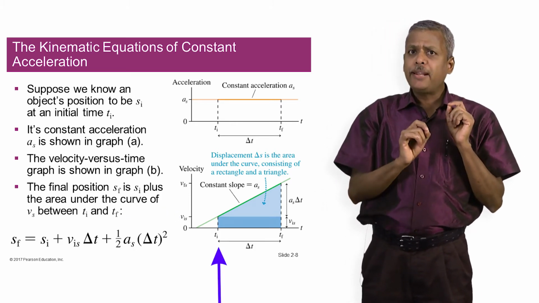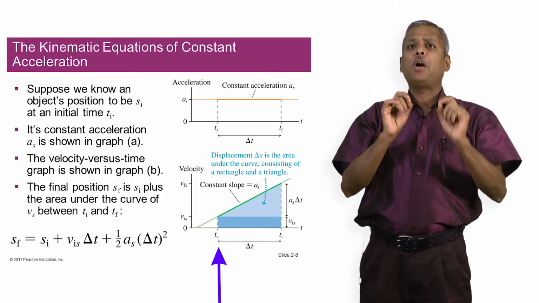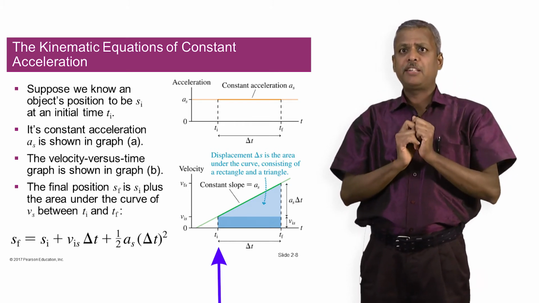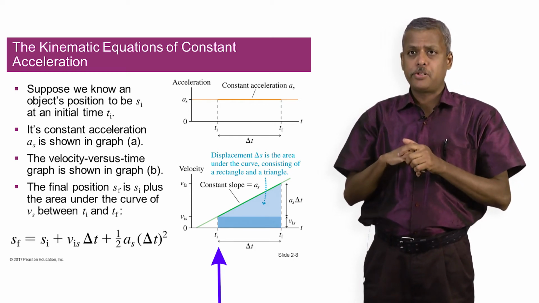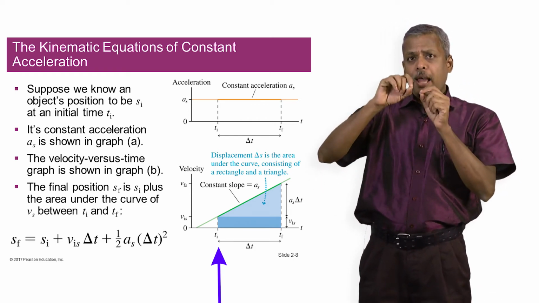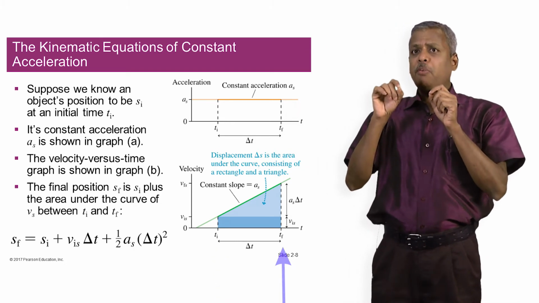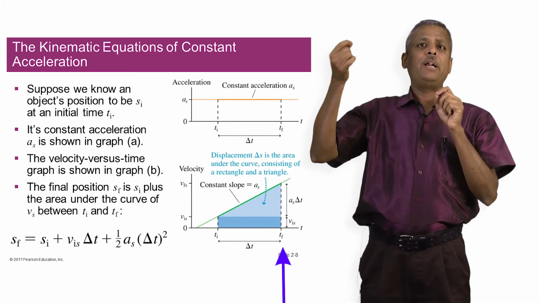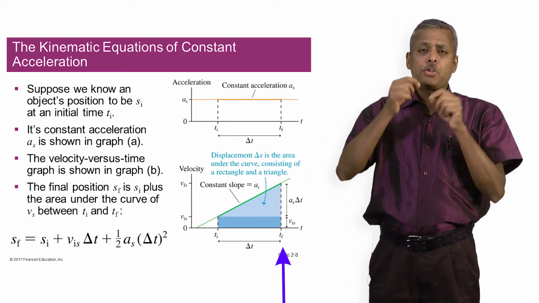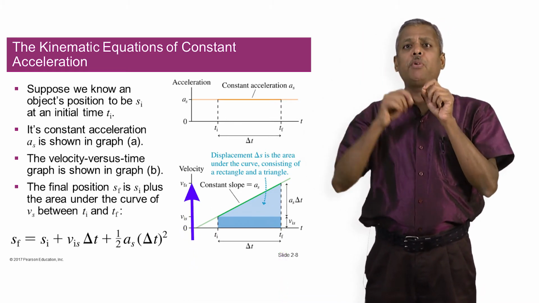At a Ti, or T initial, I am at the velocity Vis. For example, at 5 seconds, I am at a velocity of 10 meters a second. Then on the same curve, I look at my final velocity at T final, which could be 20 meters a second. So I go from initial velocity to final velocity.